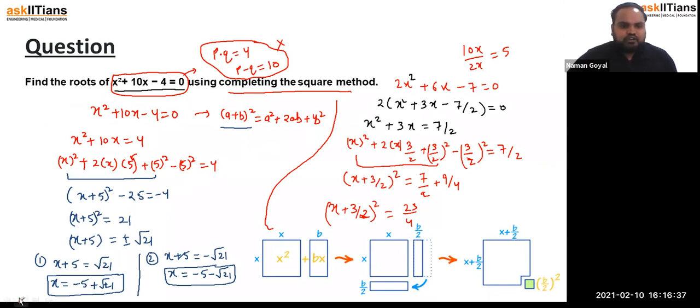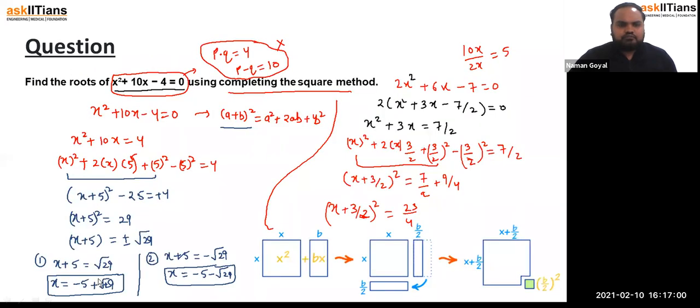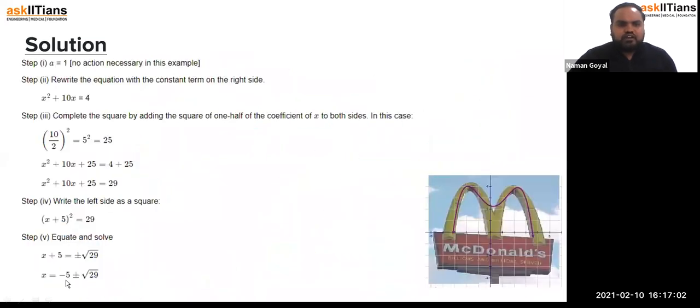A mistake I made here. It is plus 4, right? So it is 29. So this is 29, this is 29, and everything becomes 29, because there is plus 4. I can write minus 4, so we can change it. So we can solve this. The same answer we got here. So combinedly we can write it as minus 5 plus minus root 29.